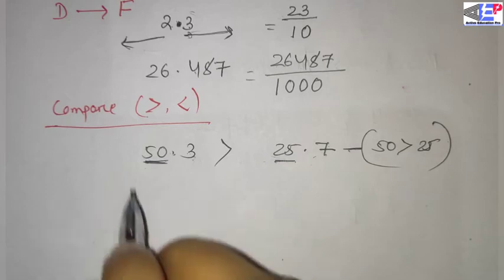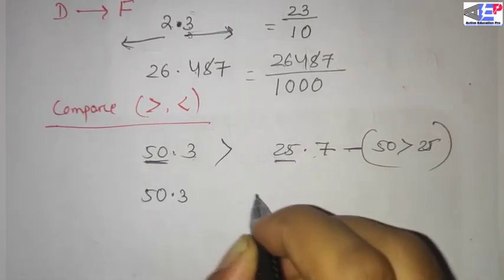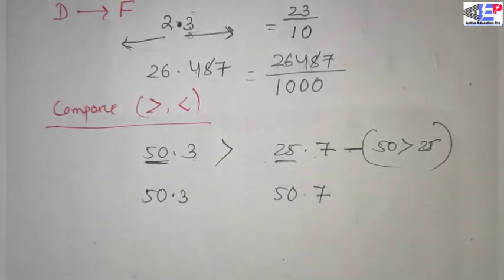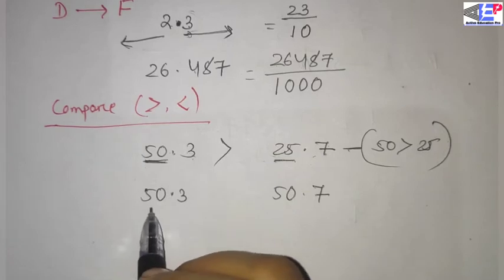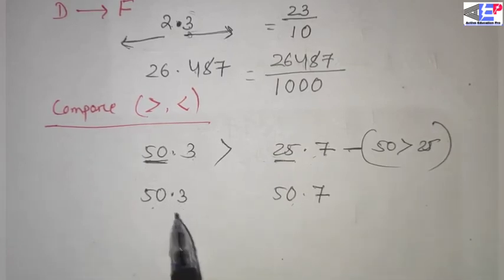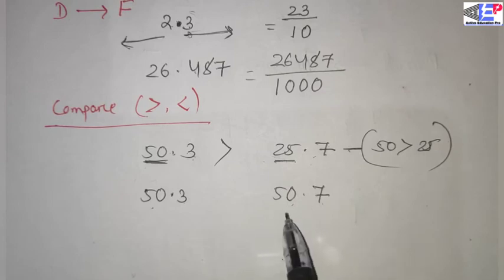In another case, if there are numbers 50.3 and 50.7, the whole number part is the same. Here the whole number part is 50 and here the whole number part is 50. 50.3 is something more than 50, and 50.7 is also something more than 50.